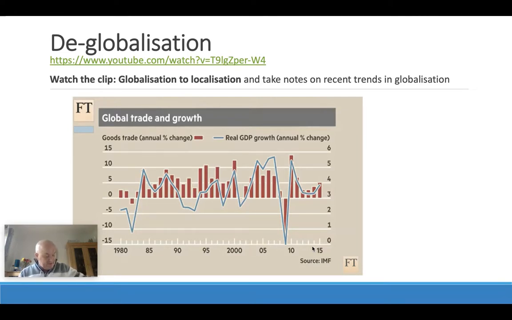And there are 2 articles on page 13, one which links to this globalization to localization clip, and also an Economist article, 'Has the steam gone out of globalization?', which effectively is giving the other side to globalization. And again, if we were going to do an essay on globalization and the benefits, then maybe we should also be thinking about deglobalization and the reason why that has become a bit of a phenomenon.